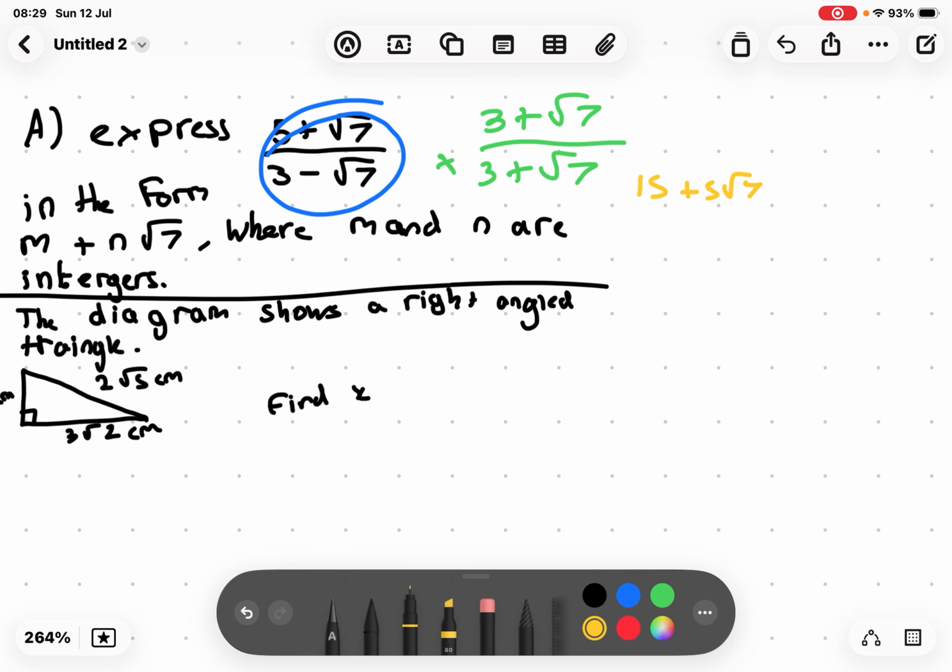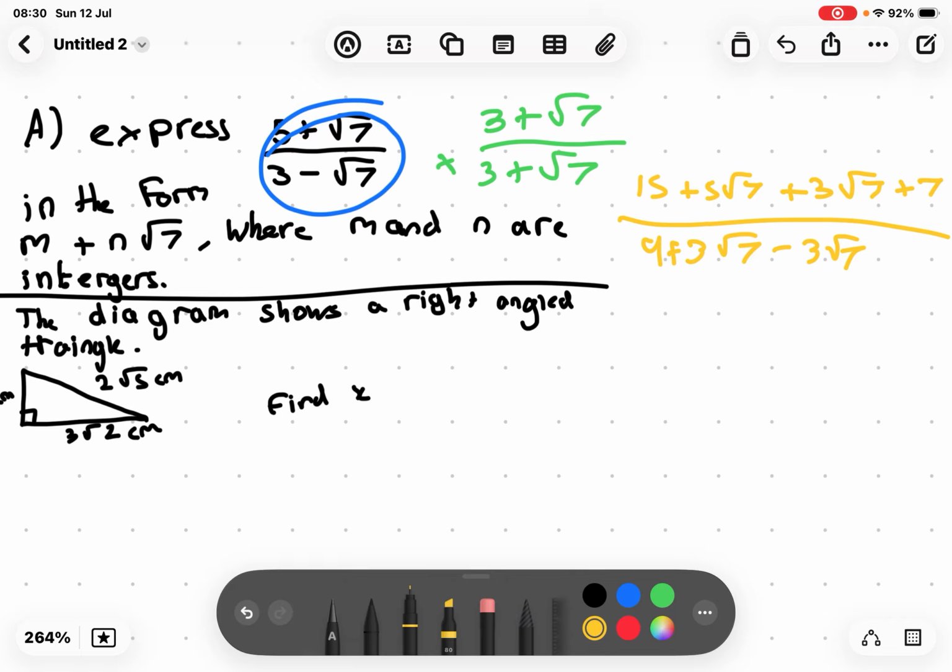After that, root 7 times 3 equals plus 3 root 7. And then root 7 times root 7 equals 7. Then 3 times 3 is 9. Then 3 times the other term is going to be root 7 positive.